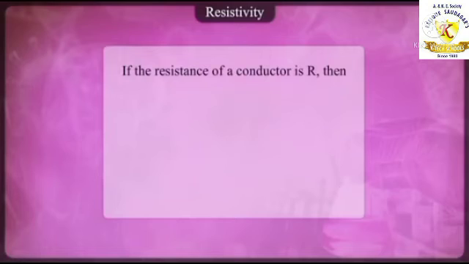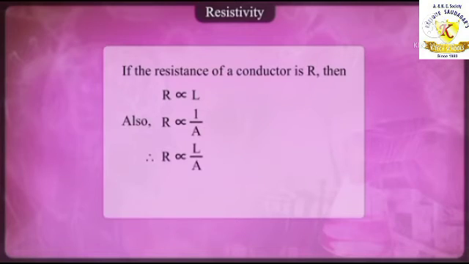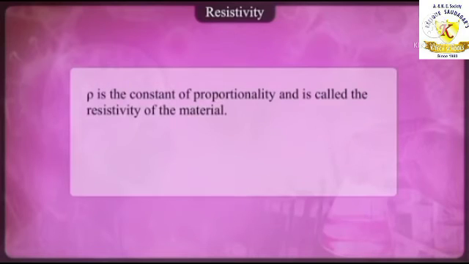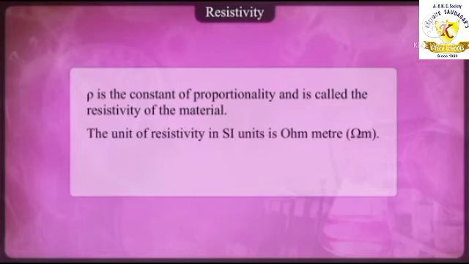If the resistance of a conductor is R, then R is directly proportional to L. Also, R is inversely proportional to A. Therefore, R is directly proportional to L upon A. R is equal to rho L upon A, where rho is the constant of proportionality and is called the resistivity of the material. The unit of resistivity in SI units is ohm meter.